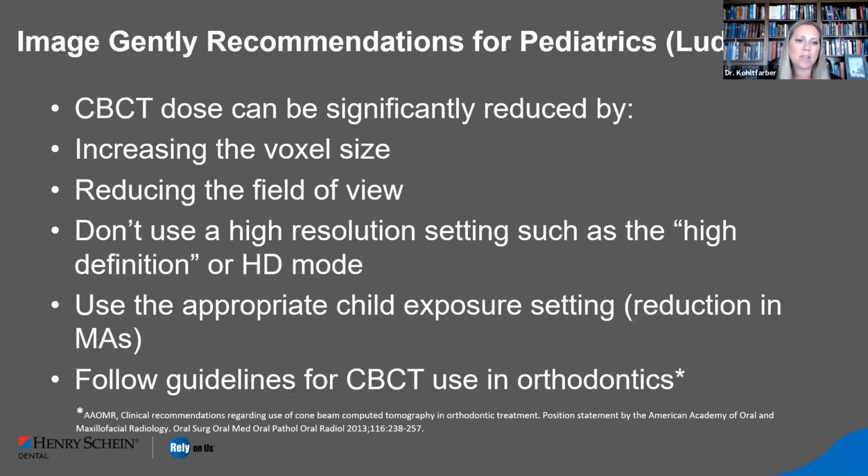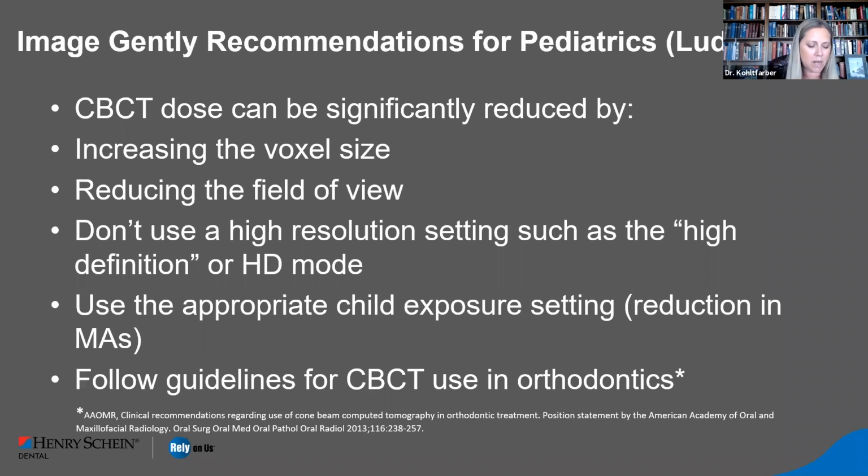There are some other recommendations. This is from Dr. Ludlow et al. and his Image Gently recommendations. They say CBCT dose can be significantly reduced by increasing that voxel size. So when we increase the voxel size, we have decreased that image resolution.